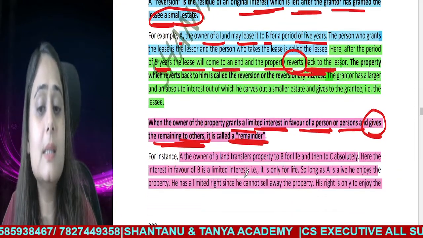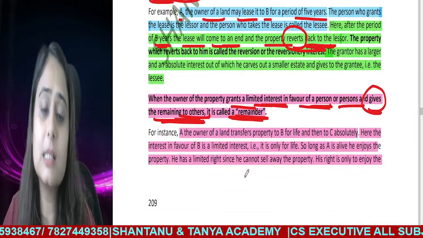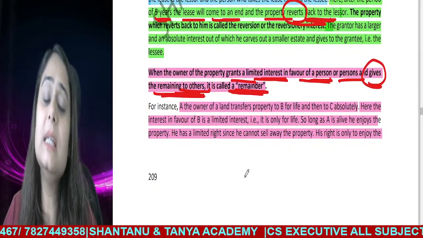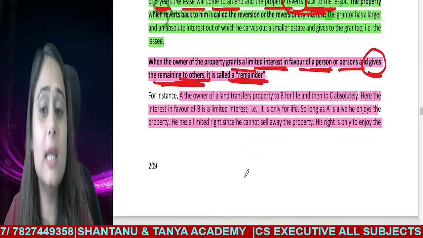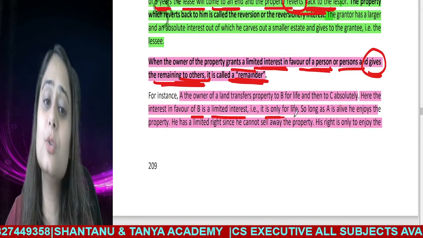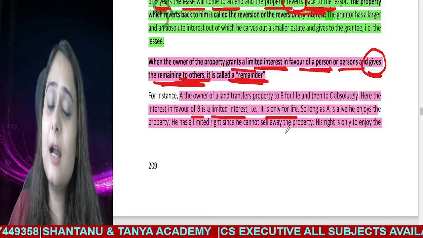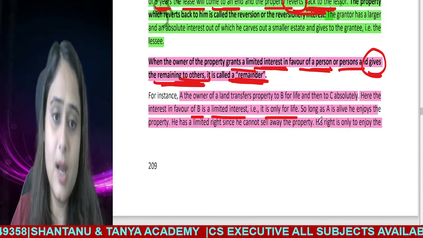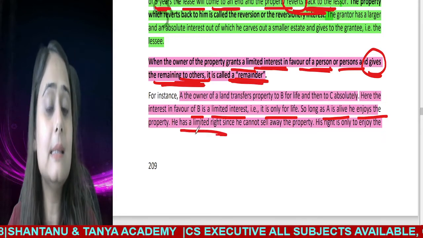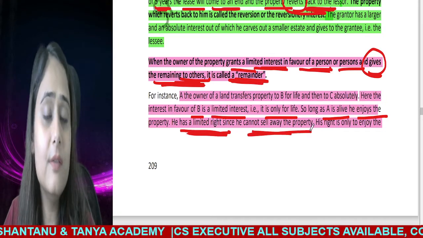So, for instance, A, the owner of land, transfers the property to B for life and then to C absolutely. So, here the interest in favor of B is a limited interest, that is, it is only for life. So long as A is alive, he enjoys the property. He has limited rights since he cannot sell away the property.